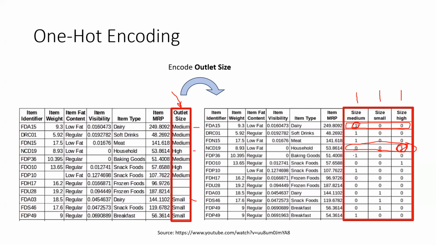Others are zeros. So that is why we call it one-hot encoding. So what we do is we encode this one categorical feature, the nominal feature, using one-hot encoding by adding three new features which can have binary values, right?